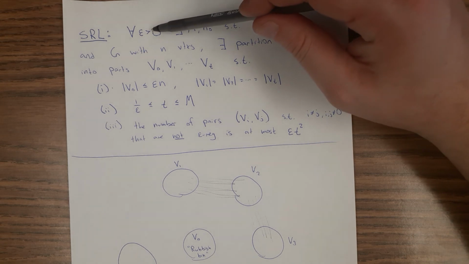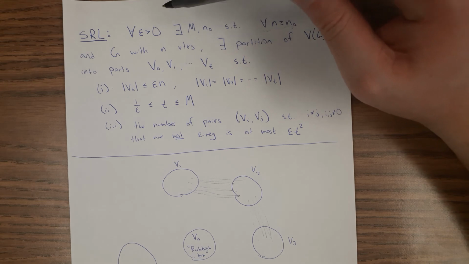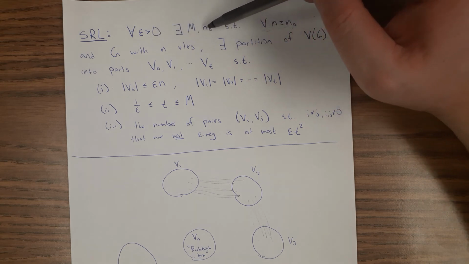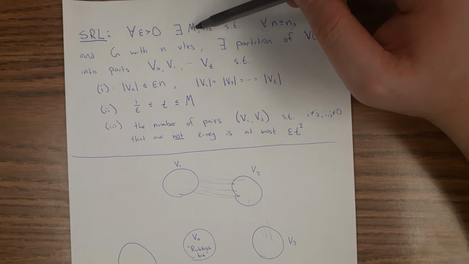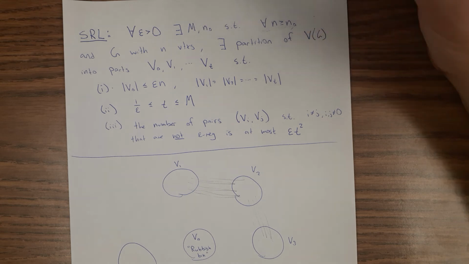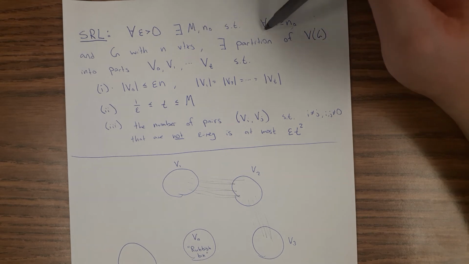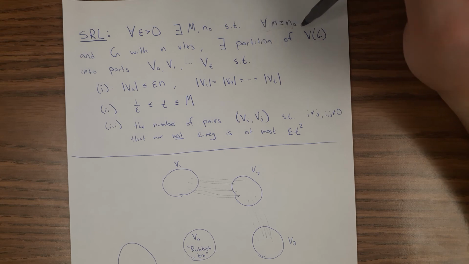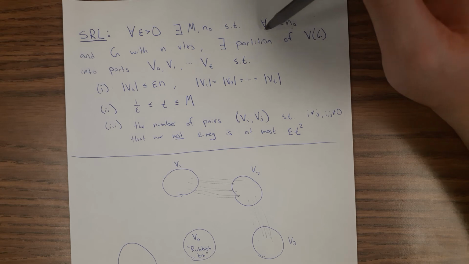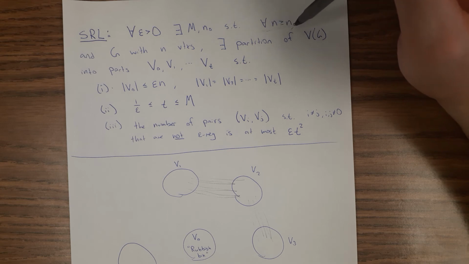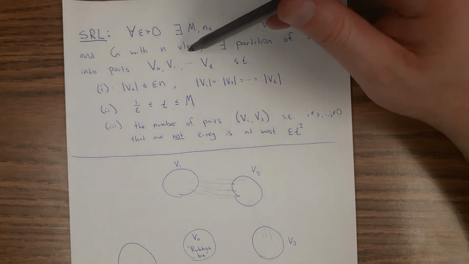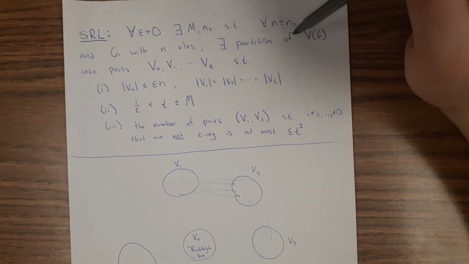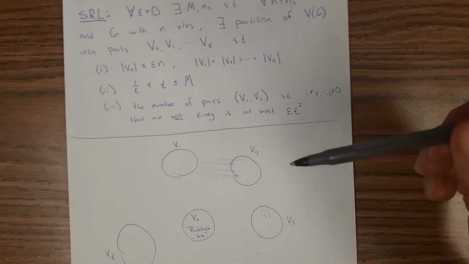So you fix an epsilon, and then based on that epsilon, there exists a number m, and then for arbitrarily large n, I mean, n has to be sufficiently large, but it can be arbitrarily large. N can be very, very large here. It just has to be large enough. That's the only requirement. You can always partition the vertices of any graph on n vertices this way.